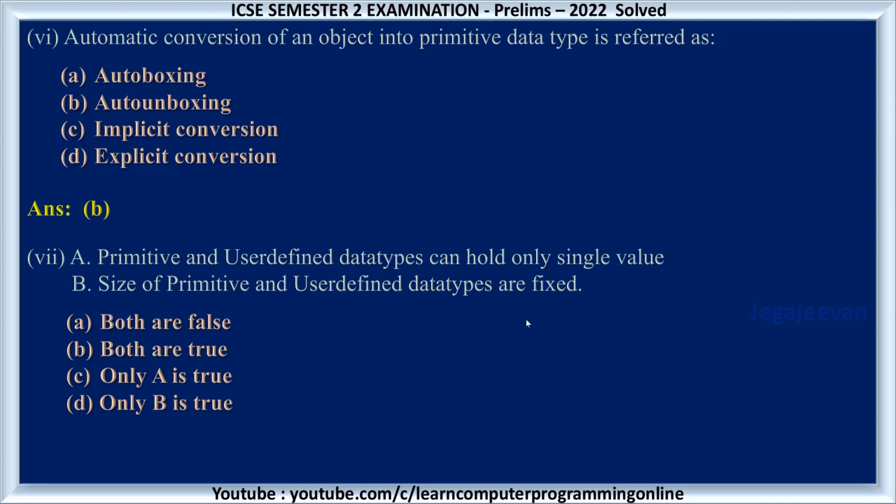So A is false. Size of primitive data type is fixed, but for user defined data types it changes according to the primitive data types used to define it. So B is also false. Both are false. That is A.